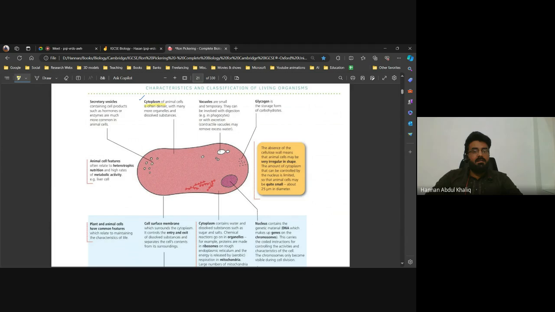So this particular difference is the cause of mentioning the cytoplasm so much separately.